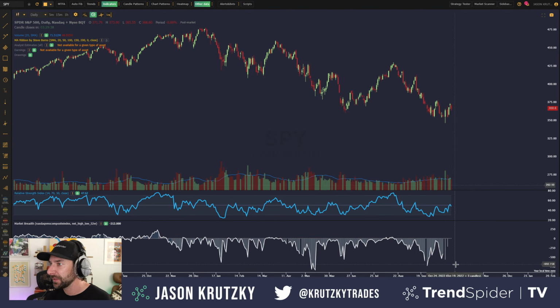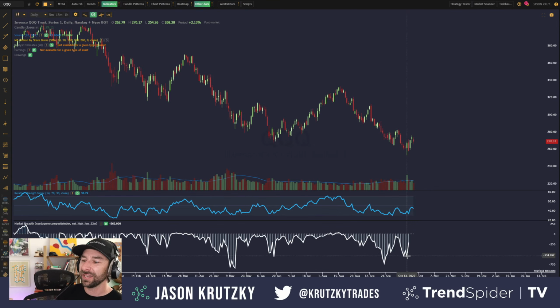We made a new low on QQQ from October 3rd to October 13th, but we actually made higher lows on the net new low. So there were fewer names making new lows, even though the index made a new low. That's telling you that under the hood, things are a smidge stronger than what the index is suggesting. That's a tell, right? RSI did the same thing. You got a higher low on RSI across those lower lows.